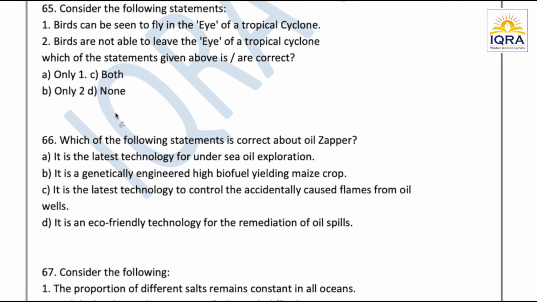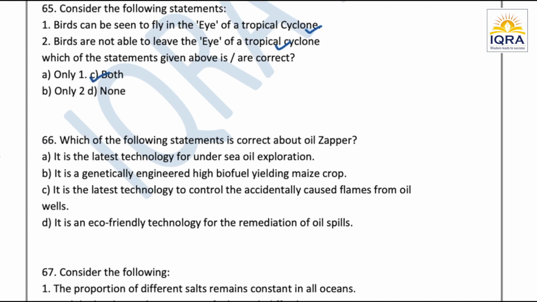Consider the following statement. Statement 1 says birds can be seen to fly in the eye of a tropical cyclone. Yes, they can be seen. Statement 2 says birds are not able to leave the eye of a tropical cyclone. This is also a correct statement. So इस question के लिए option C becomes the correct answer.